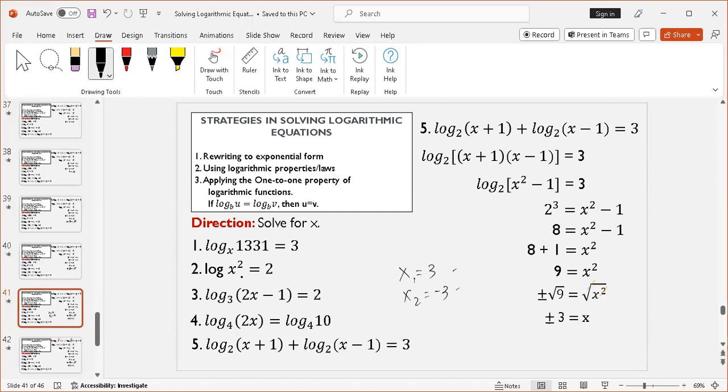Okay? Let's try. Let's try to check whether positive 3 is a solution. So, log of 3 plus 1 to the base 2 plus log of 3 minus 1 to the base 2 equals 3.